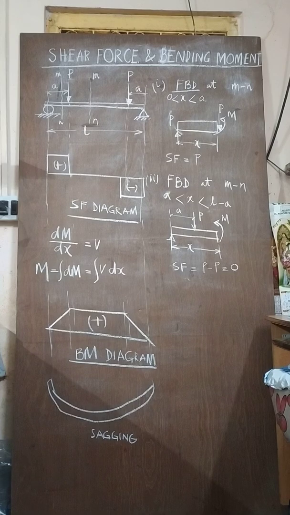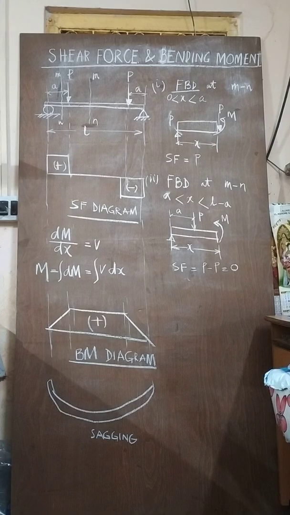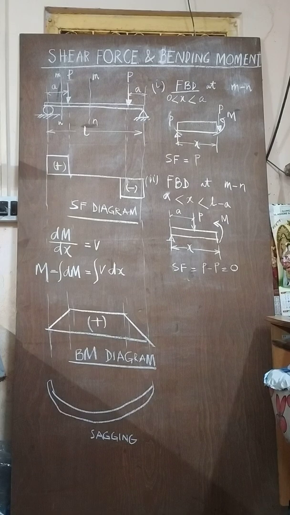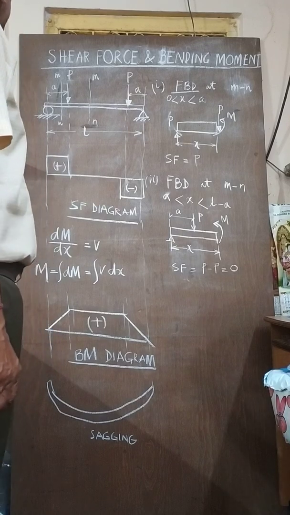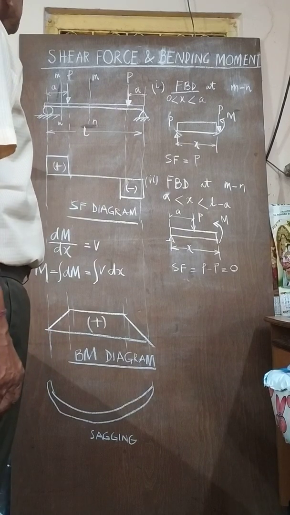You want to find out the shear force diagram and the bending moment diagram for this beam, which is being transversely loaded with two concentrated forces P and P from both sides at an equal distance A.